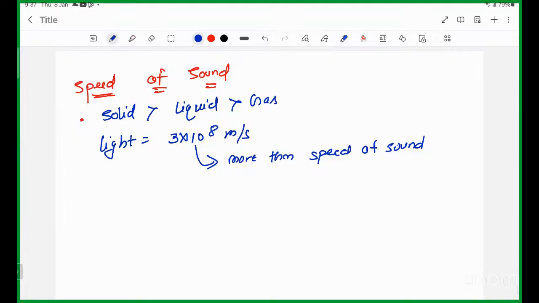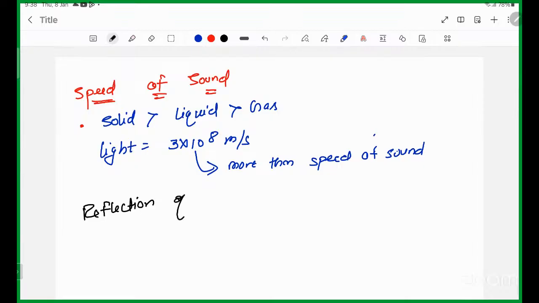Now we learn about reflection of sound. We call it an echo.